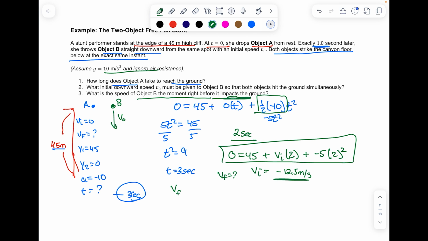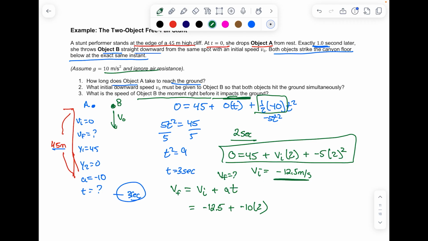I think I can use equation 2: v final equals v initial plus at. The v initial is negative 12.5, plus negative 10 times t, and t was 2 seconds, because it took 2 seconds to get to the bottom.